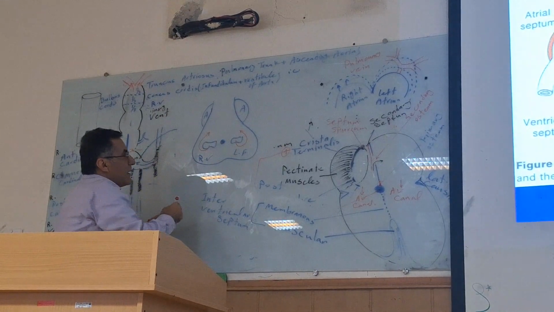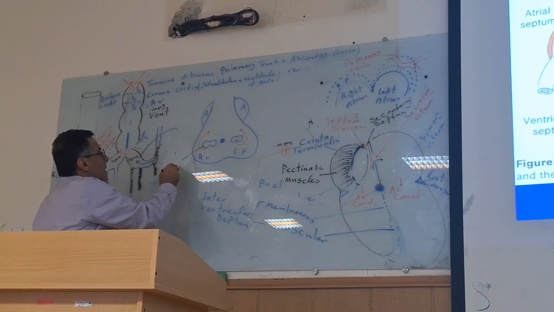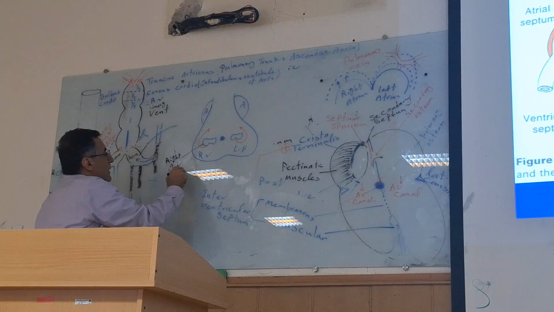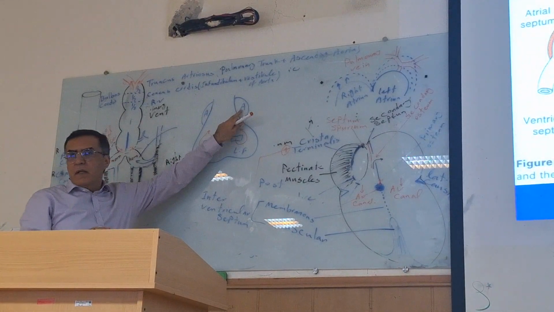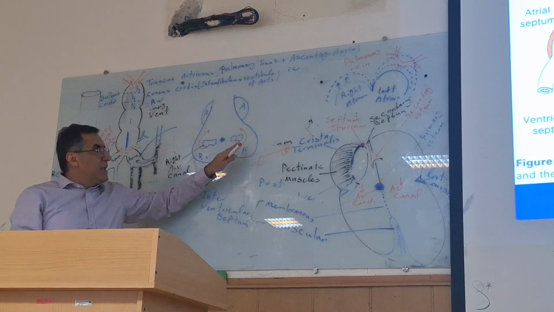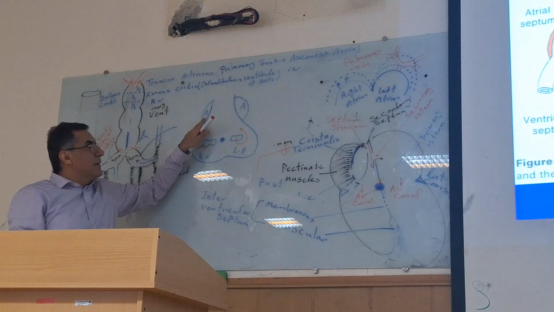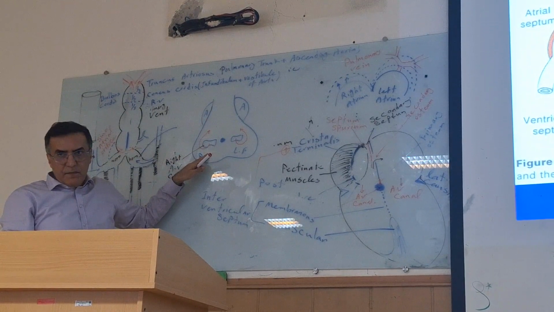This is the AV canal. Right AV canal, and this one is the left. Is it clear? The blood drains to the left side from the left atrium. And here, the blood drains to the right side from the right atrium.